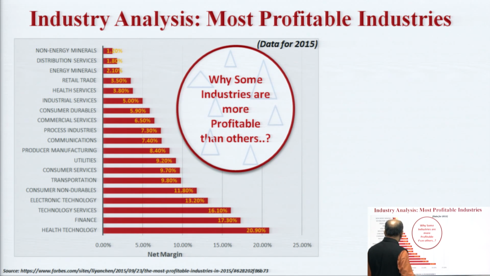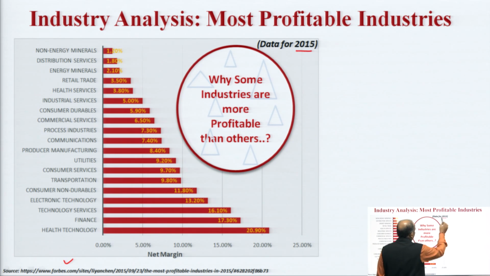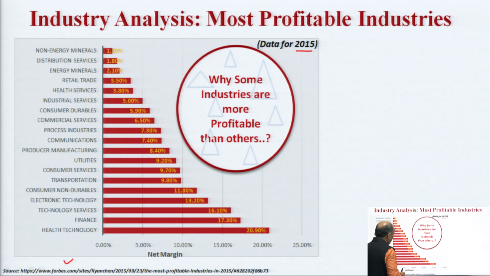The data used in this graph has been taken from the site Forbes.com, and it is from the year 2015, so it is not very old data, and it is about net margin. So, what net margin are different industries earning? You can see that health technology is earning 20.9, which means approximately 21% net margin.